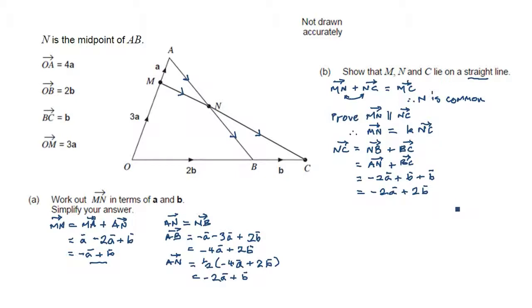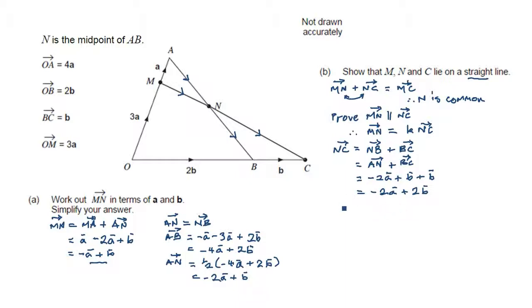What we have to deal with now, though, is this K. Well, K must equal a half, and we can tell that from looking at what we've got to prove. So NC is this expression here, minus 2a plus 2b, and MN, which was back here, is minus a plus b. So that's going to be a half of this expression here.